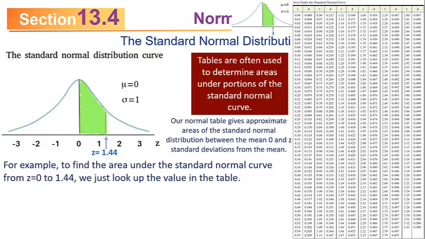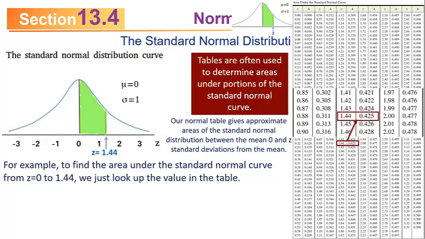So you simply find 1.44 in the z column, and I'll blow this up a little so you can see it better, and you'll see that the corresponding area is 0.425, and that's all there is to it. So in the simplest case, where 0 is the left boundary, you simply look up the z value, find the corresponding area, and you've got it.